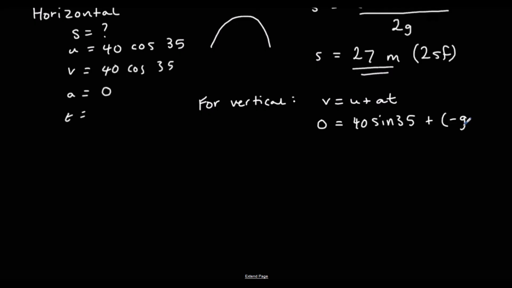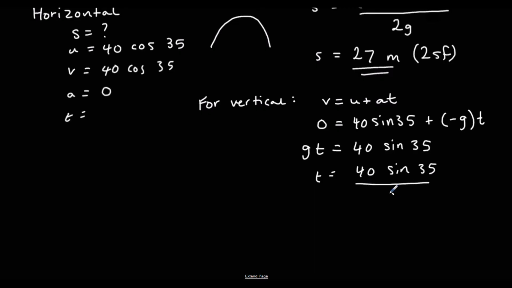A was negative g, and we've got times t. If we plus gt to both sides, we get gt equals 40 sine 35. Divide both sides by g. So the time to the top is 40 sine 35 over g. I'll put 'to the top' because we're going to have to remember to double this.